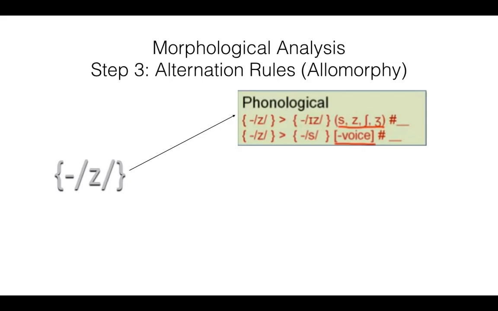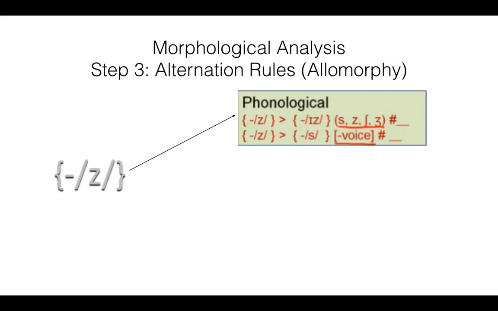So it is pronounced iz, and then you have to determine the environment. After s, z, sh, and j. You see, after, that's the boundary over there. Okay? And then, the other environment, it is pronounced s, where after a voiceless sound.